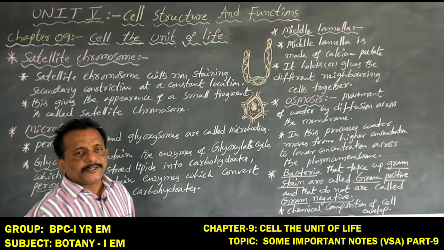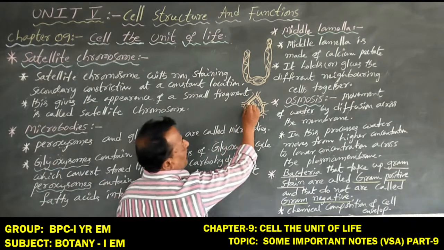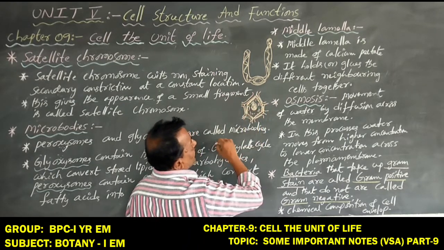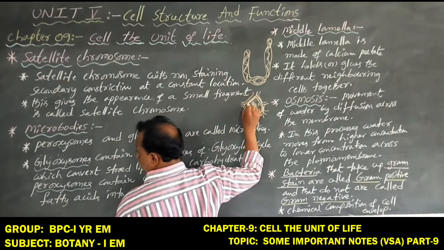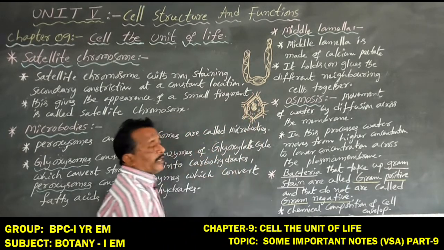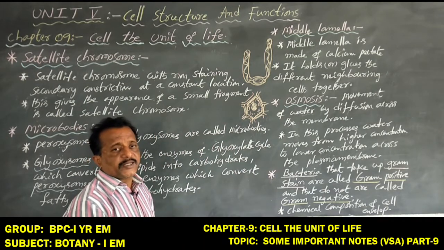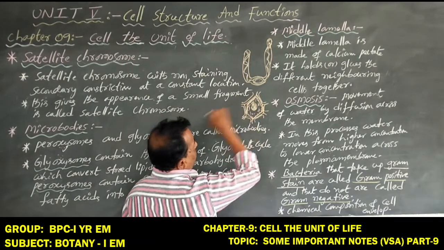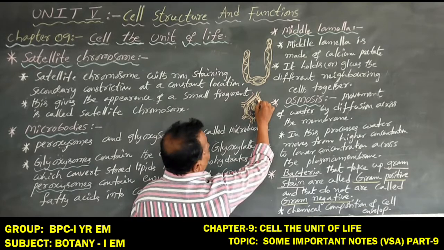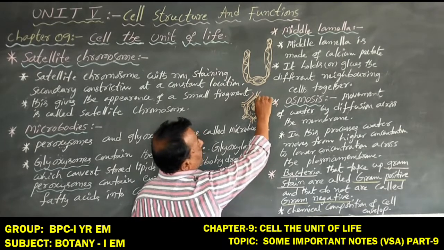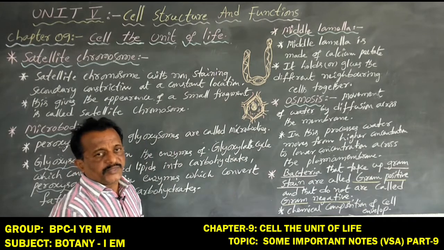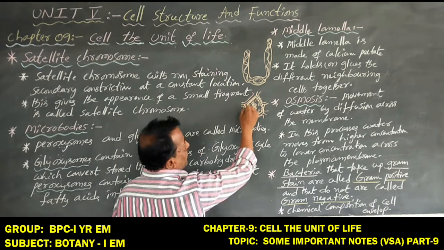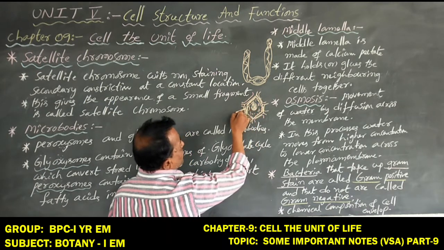A typical plant cell is covered by a cell wall, below which is the cell membrane or plasma membrane, and it occupies the cytoplasm. The cytoplasm contains the nucleus as well as larger and smaller cell organelles. But here the cell wall consists of three parts: the primary cell wall, the middle lamella, and the secondary cell wall. The part between the primary and secondary cell walls is known as the middle lamella.